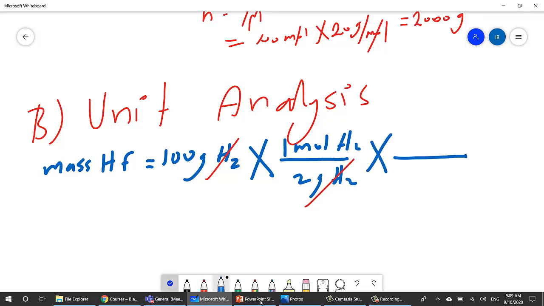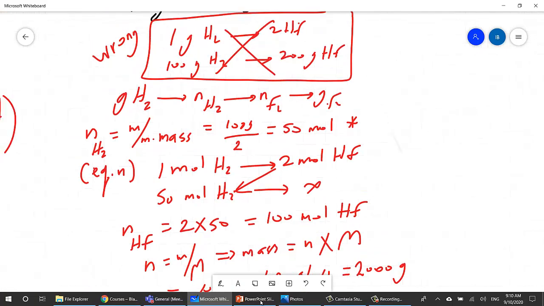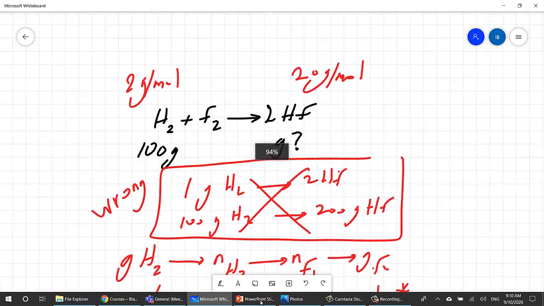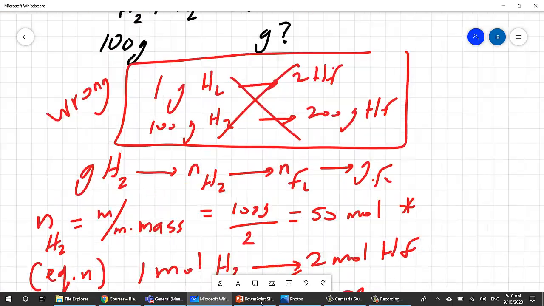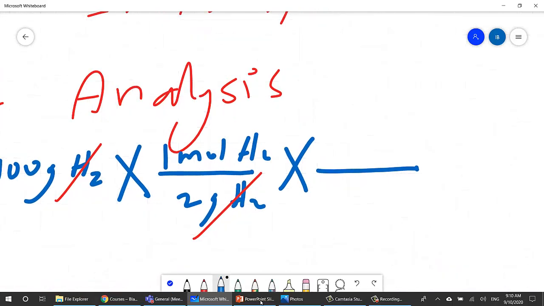Now you need to bring something called the molar ratio, because this is 1 mole of H2 and I want to change it to moles of HF. So I multiply by a molar ratio, then you go and take a look at your equation. What is the relationship between H2 and HF? It's 1 to 2. So you write this down. Here it makes sense that you say 1 mole of H2 corresponds to 2 moles of HF.